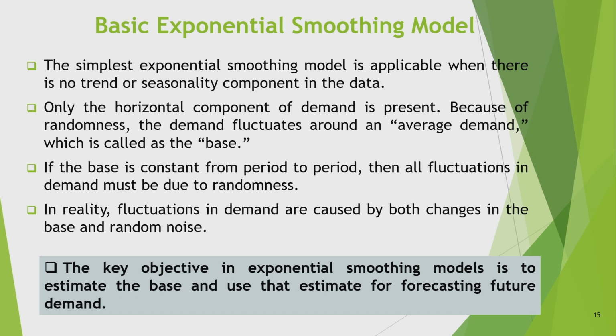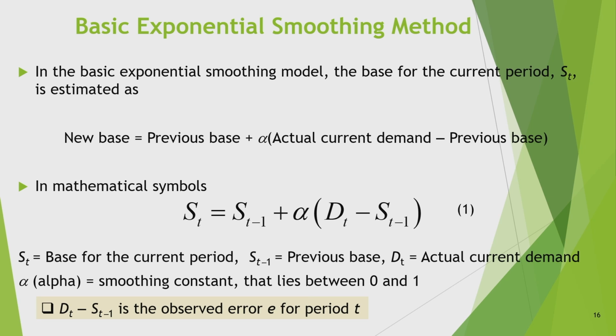If the base is constant from period to period, then all fluctuations in demand must be due to randomness. In reality, fluctuations in demand are caused by both changes in the base and random noise. So, the key objective in exponential smoothing models is to estimate the base and use that estimate for forecasting future demand. So, let us understand it mathematically.